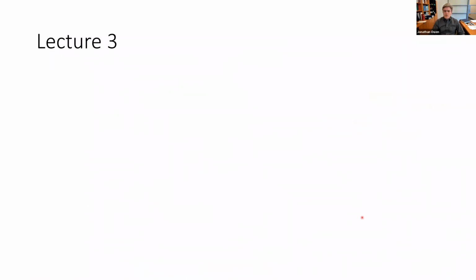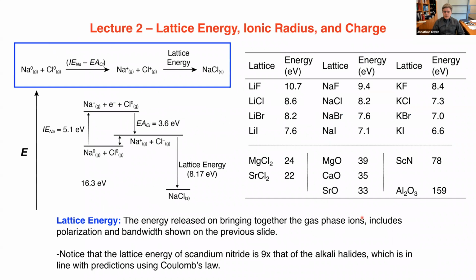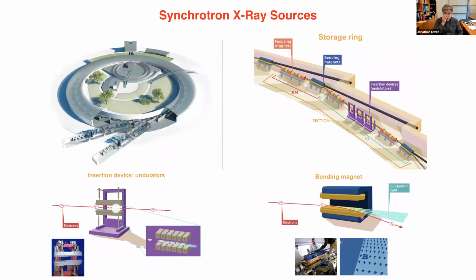Now, you can also generate X-rays using a synchrotron, and a synchrotron provides a much, much brighter source of electrons and gives you a lot more flexibility about the energy range that you use. So this is a series of diagrams stolen from the European Synchrotron Radiation Facility's website. The synchrotron is in Grenoble, France.